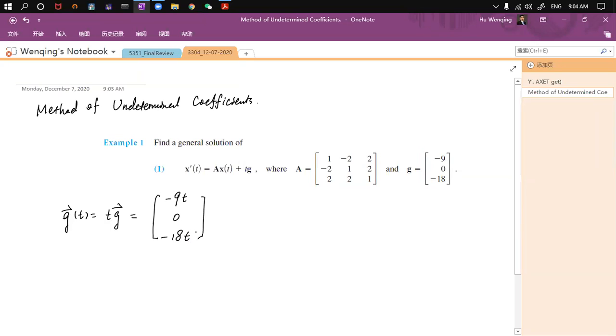Then we're going to calculate the solution to this problem by the method of undetermined coefficients. How are we going to do that?